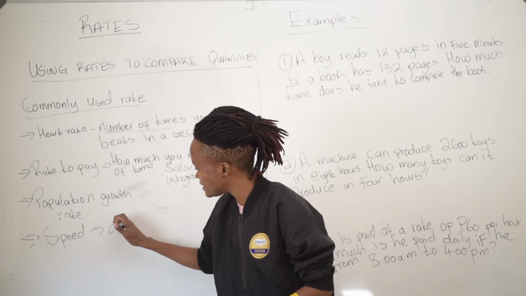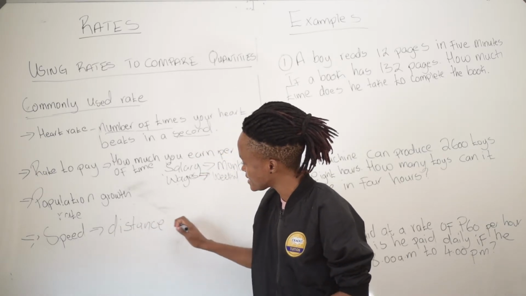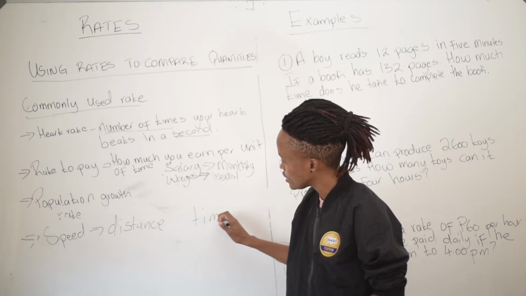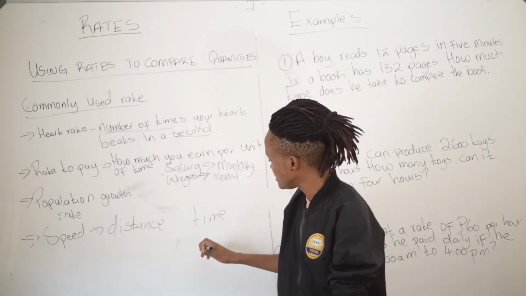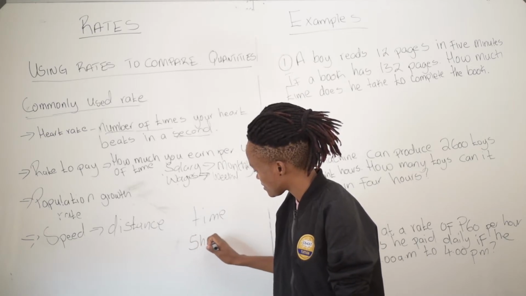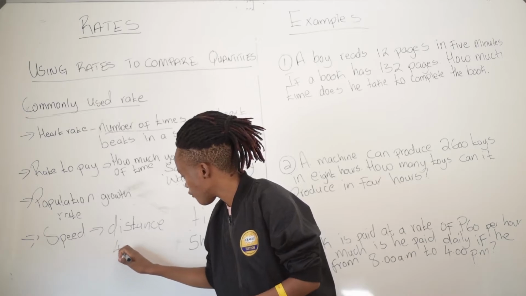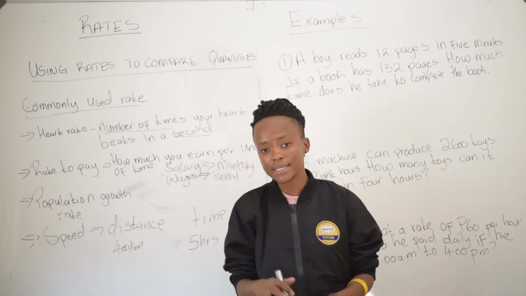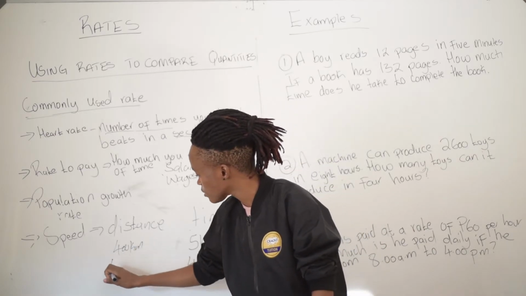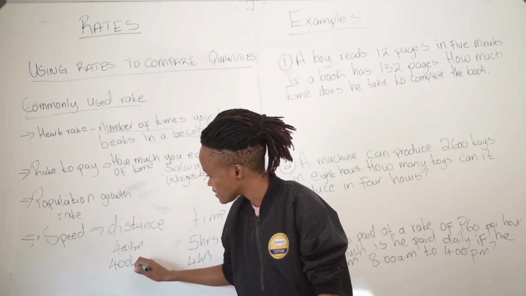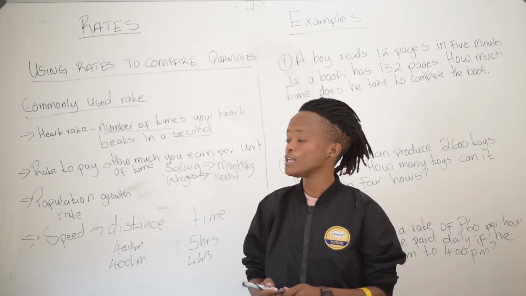You can go to Francistown in 5 hours, with the distance being, let's say, 400 kilometers. But another person can go to Francistown in 4 hours, still with the same distance. So we are comparing situations like this. So these are the commonly used rates.